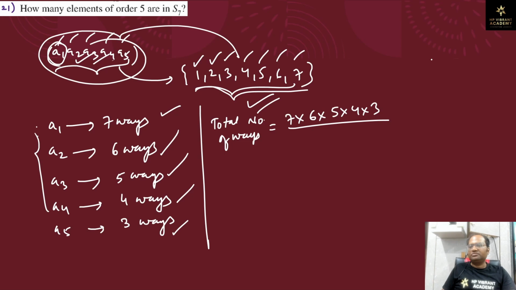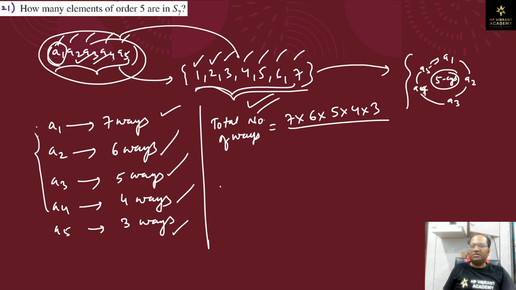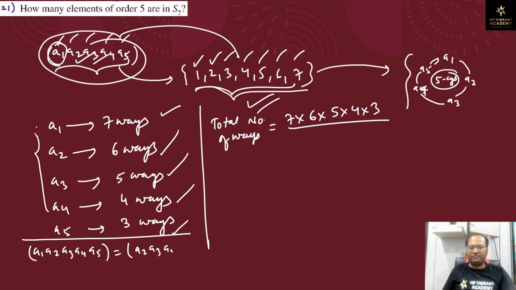अब देखो क्या हो रहा है कि these elements are in cycle form, A1 A2 A3 A4 A5, तो ये 5 cycle है। So elements जो इस particular set से निकल करके आ रहे हैं वो एक cycle form में हैं। और हमने क्या देखा है कि in cycle form elements written in this particular fashion A1 A2 A3 A4 A5 is same as written in this fashion A2 A3 A4 A5 A1. अगर हमने A2 से start किया तो ये same होगा। Suppose we start with A3: A3 A4 A5 A1 A2, this is same. Suppose we start with A4: A4 A5 A1 A2 A3, this is equal.